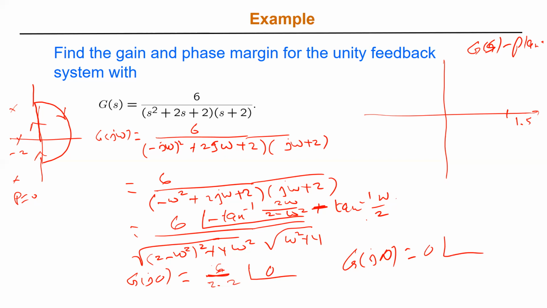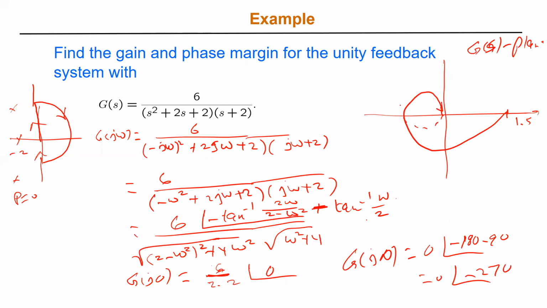How about the other one? This one is 180, because of the minus sign here. So minus 180 minus 90 gives an angle of minus 270. So basically, this is the way it's going to be.